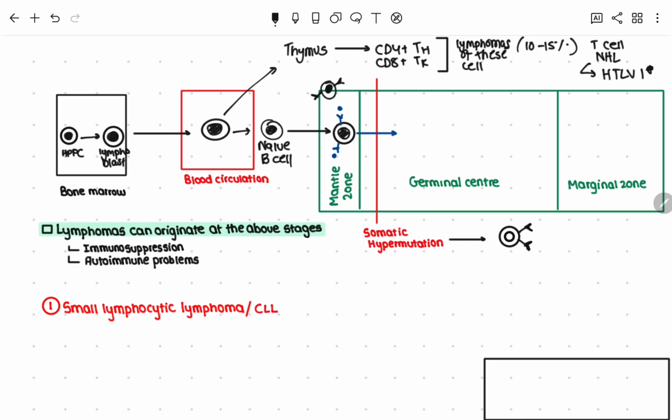And the basic idea of this is to help the B cell and its receptors increase its affinity towards the specific antigen, and to be able to mount an immune response to almost any antigen that it can then be exposed to. So that's literally all you need to really know about somatic hypermutation with respect to pathology.